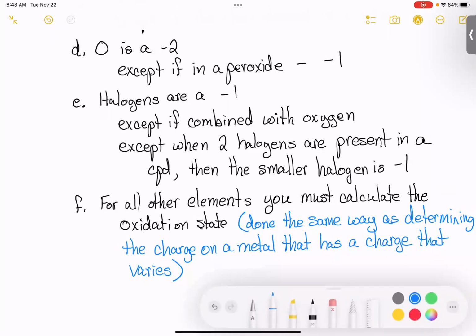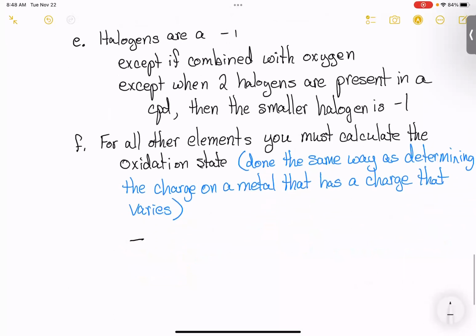Now, the only thing to say about this is if the compound is neutral, then set the equation equal to 0.